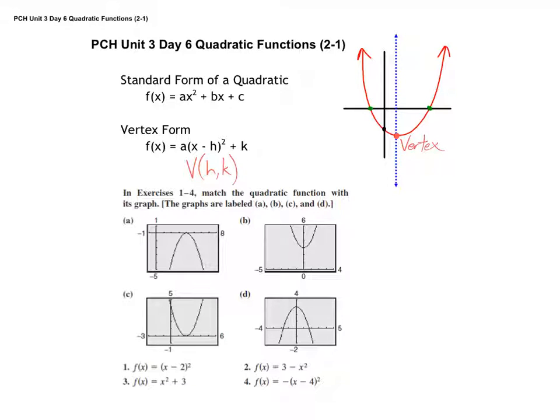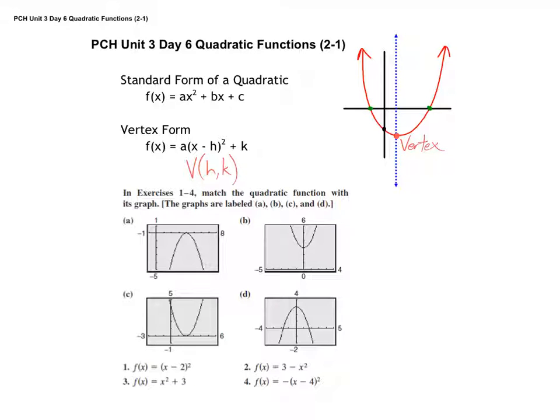Because it's x minus h, does the sign of h matter? If h is a negative number, then it should be positive. Okay, that's a good question. Donald's pointing out something here. Because it's x minus h, that's the same way we had it when we were doing the transformations.